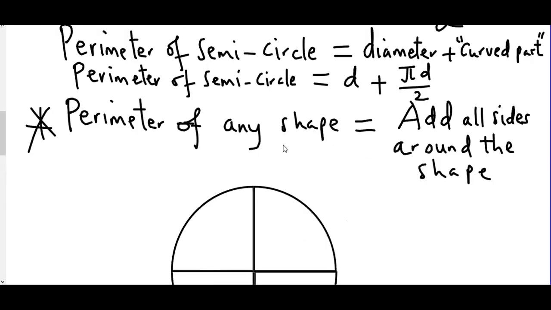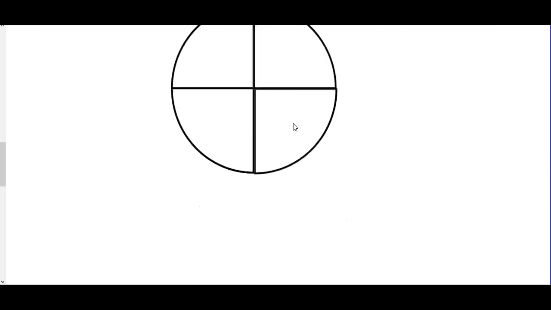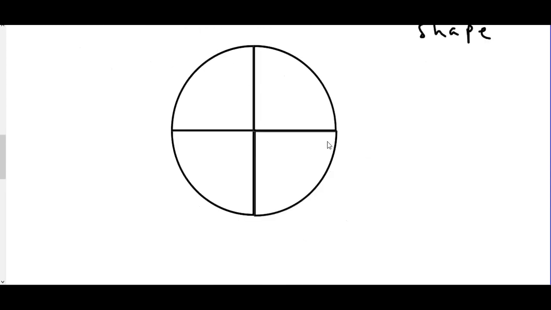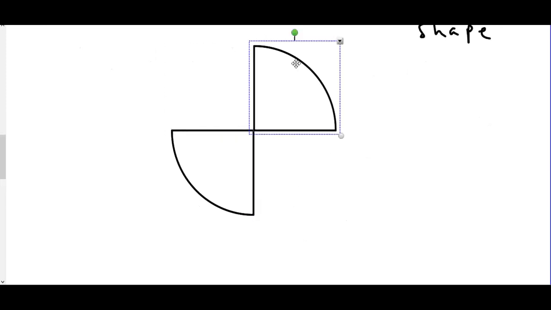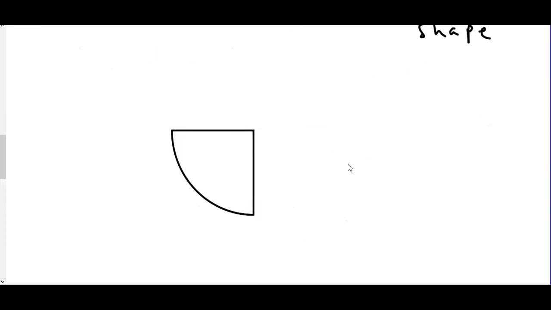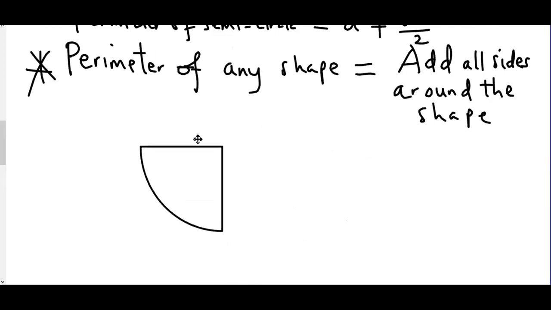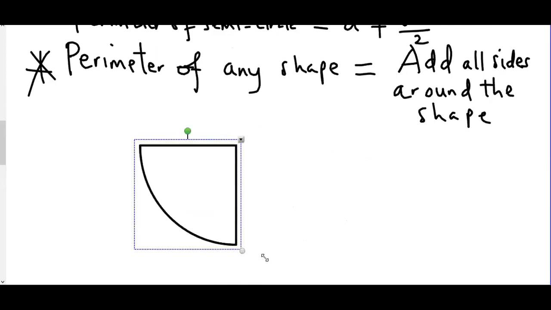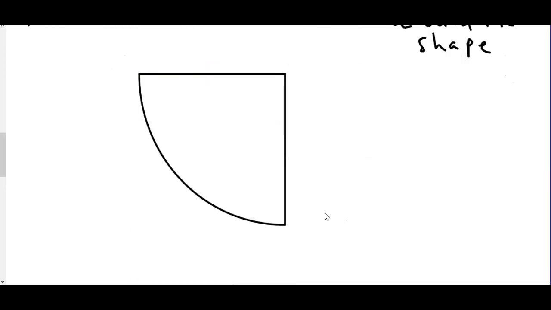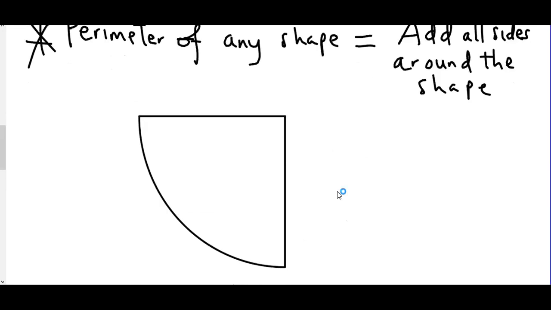How do we draw a quarter circle? I'm going to delete this one here, that one there, this one here, and remain with this shape. Now that is your quarter circle. How many parts are there on a semicircle?